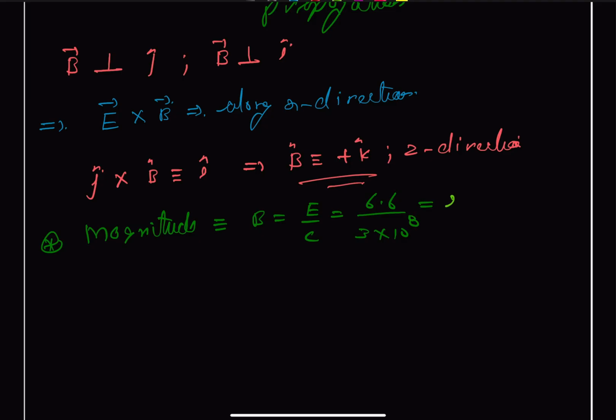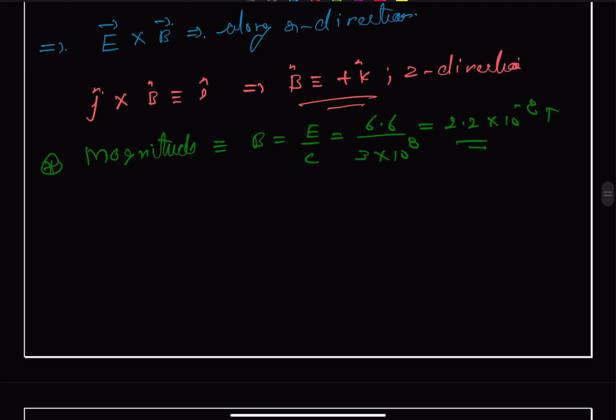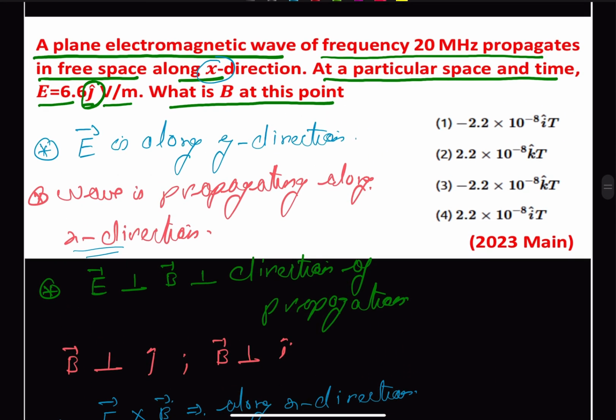So we get 2.2 into 10 to the power minus 8 Tesla. Therefore, we can write that our magnetic field is equal to 2.2 into 10 to the power minus 8 k unit vector Tesla. Option 2 is correct.